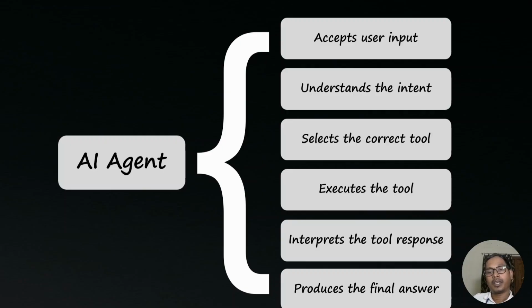Then they execute that tool, and once they get a response, they interpret the tool response. Then they create the best or final answer for the end user. Earlier, the LLM's role was only to read the context and give an answer. Now they can do multiple things, five different things.